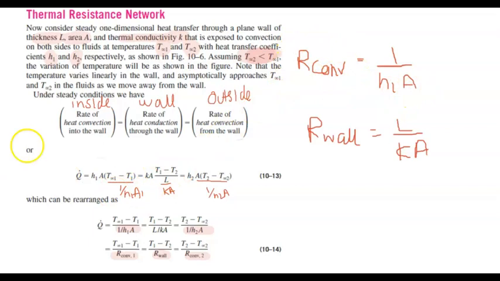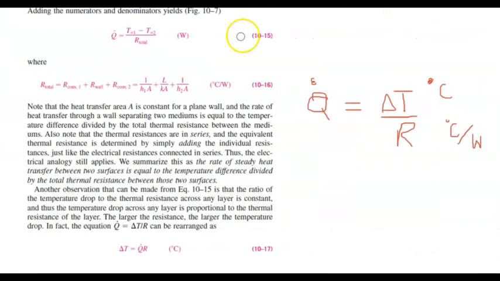So I can replace this whole thing with R convection 1, and this whole thing with R convection 2, and this one I can replace with the R of the wall, because R of the wall is L over K A, and R of convection 1 or 2 is 1 over H1 A or H2 A. Now I can add them.